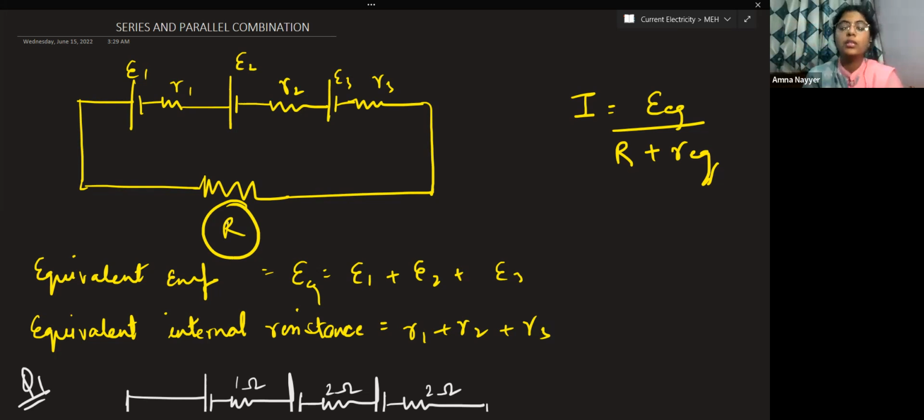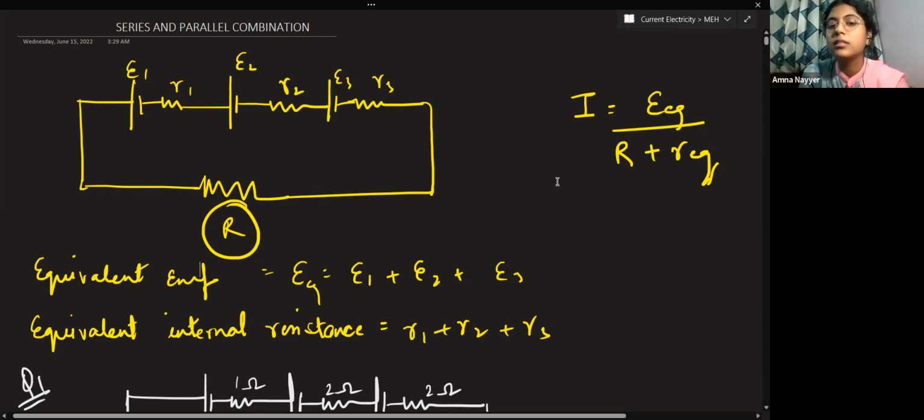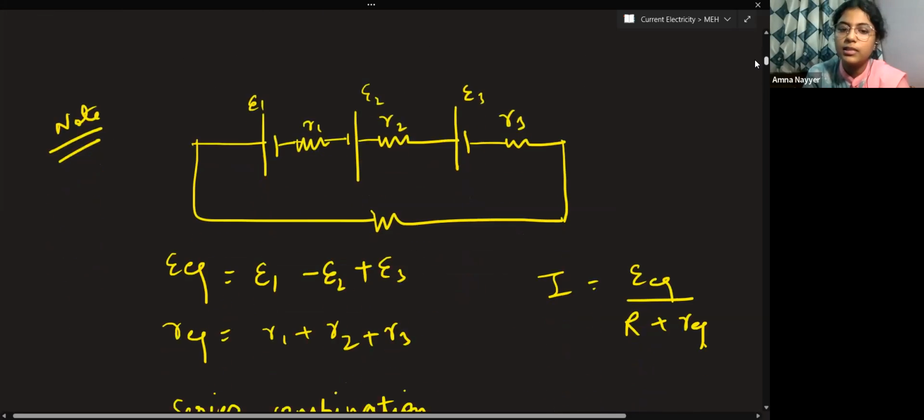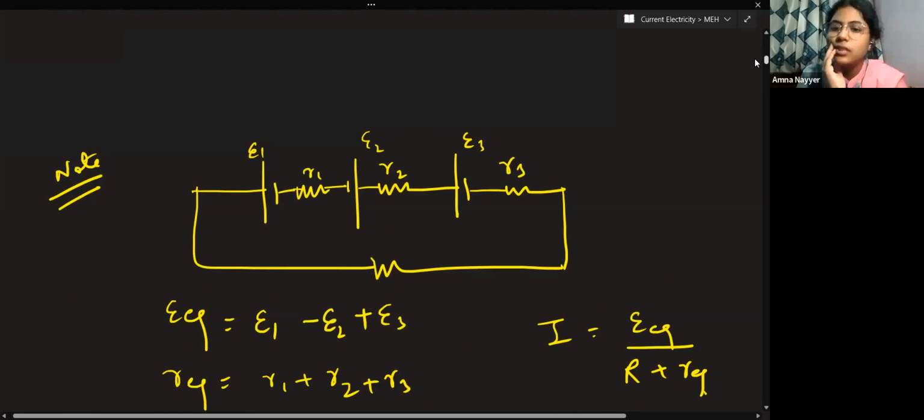Now, what's the difference in this topic is that if by any chance we reverse any cell, for example, like this, you can notice, this is the positive terminal, this is the negative terminal, this is the negative terminal, this is the positive terminal. This cell has been reversed, no?